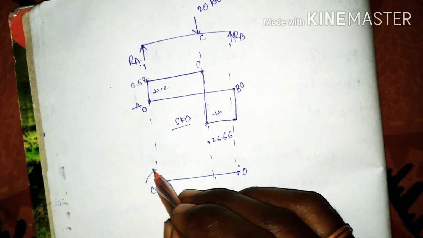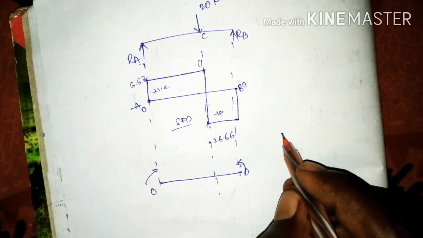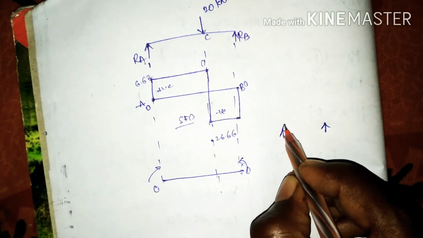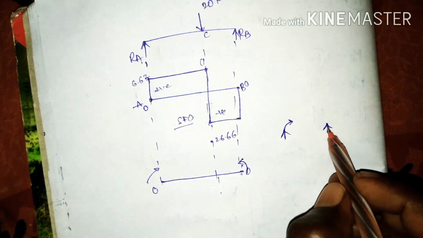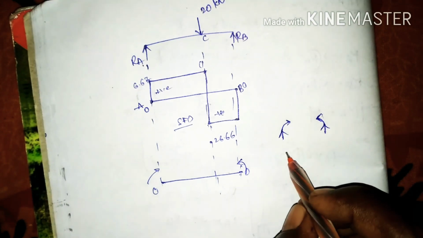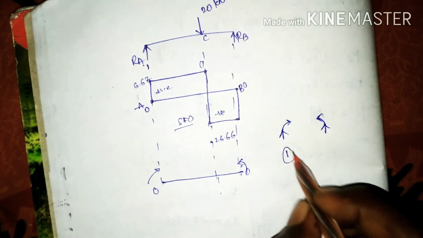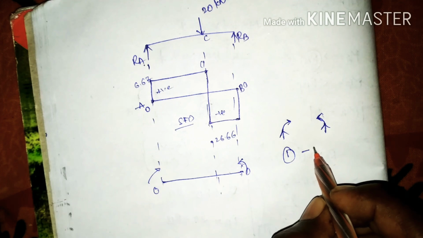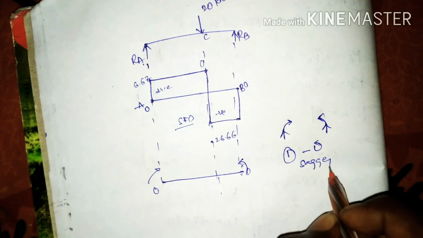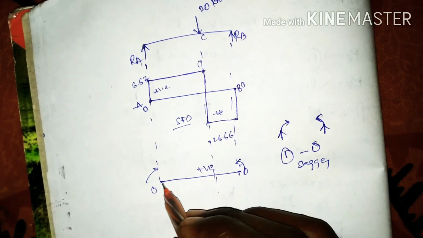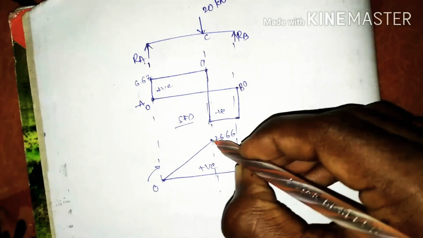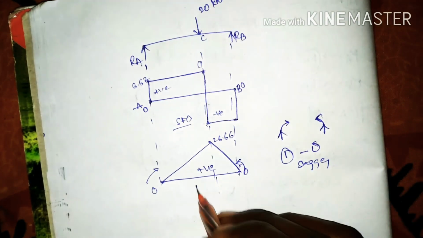This is a sagging moment, because here we have one support and here we have another support. One is taking the moment in a clockwise direction and the other in an anti-clockwise direction, so the moment is sagging, or positive bending moment, and the diagram should be drawn in the positive quadrant only. Here this is the bending moment diagram.